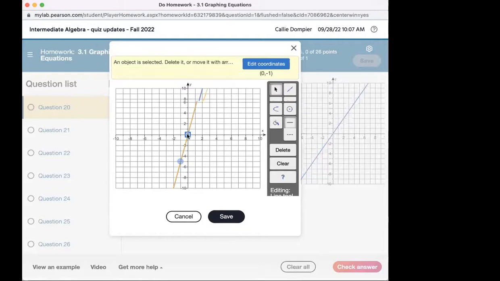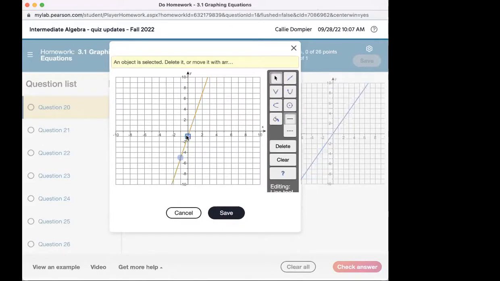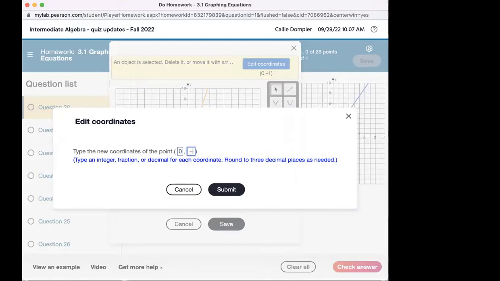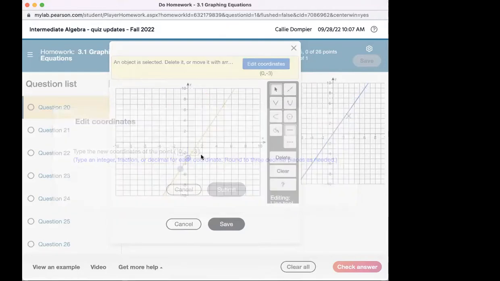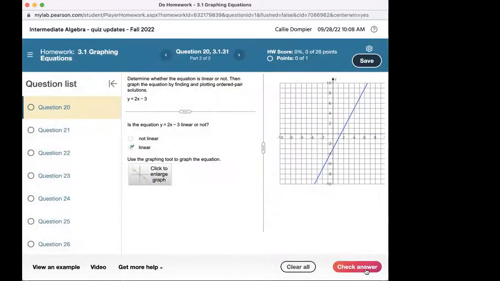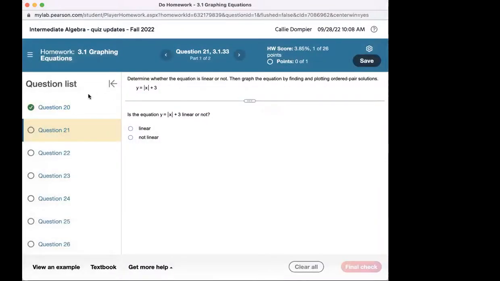So take that second point, edit coordinate, take it down to 0. Edit coordinate, sorry. Oh, all right, it wants you to type it, -3. Submit. All right, so we have -1, -5, 0, -3. Save.